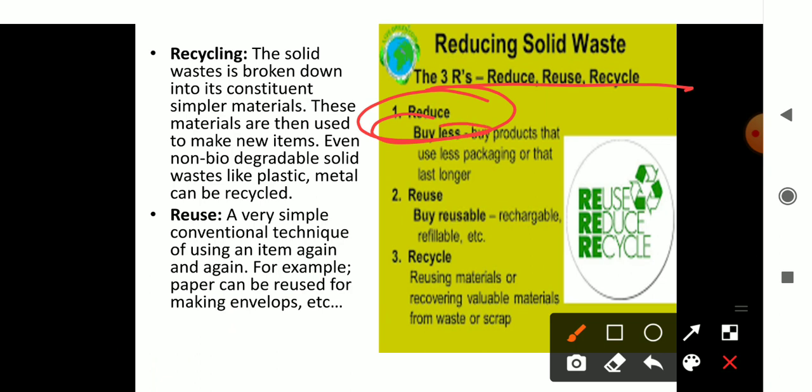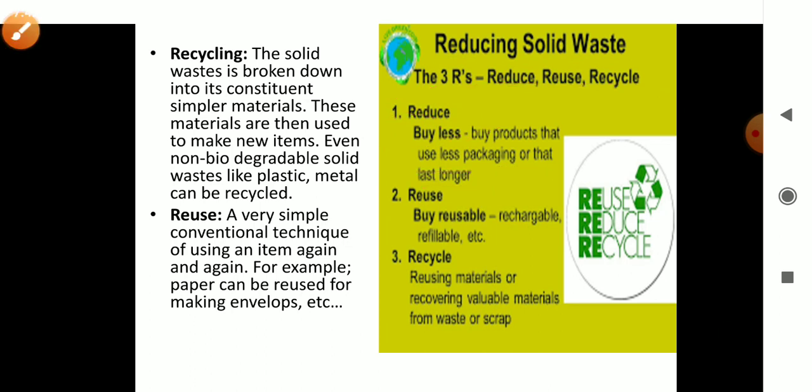If the packaging material is not required, don't buy. Even if you buy products which have lesser packaging material, so that less packaging is thrown, you are in a way reducing the production of waste materials.